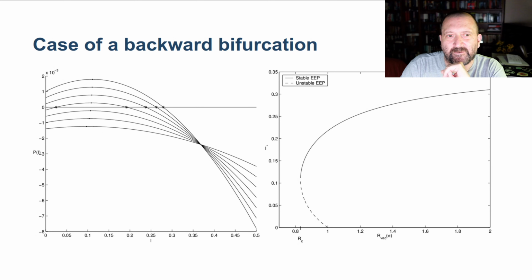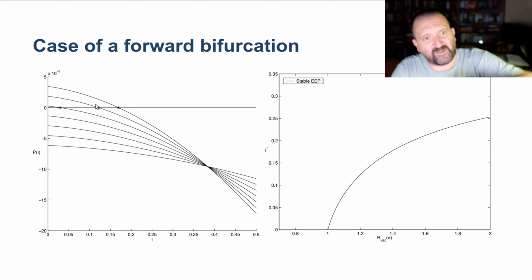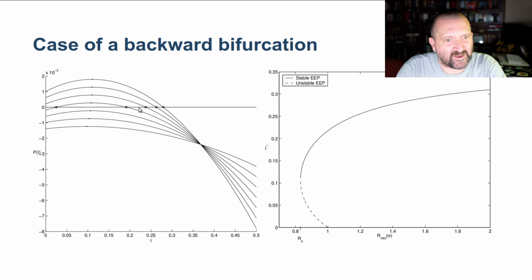But there's another situation that arises. In some other regions in parameter space, what we observe is the following. There are first no positive equilibria. Then at one point this curve becomes tangent, but remember that before it was reaching the P of I equals 0 line here and just increasing with a single point of intersection.